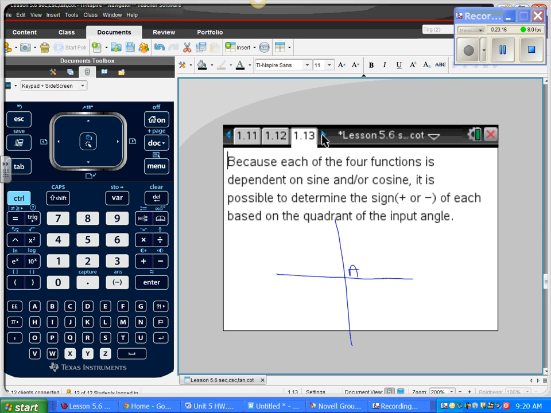So first quadrant, what's positive? Everything. So we're talking cosine, secant, sine, cosecant, tangent, cotangent. Everything's positive there. Okay. Second quadrant. What's positive? Sine and cosecant. Yeah.